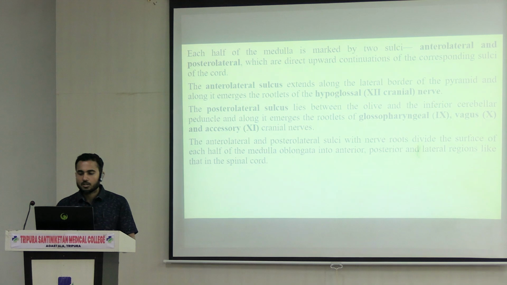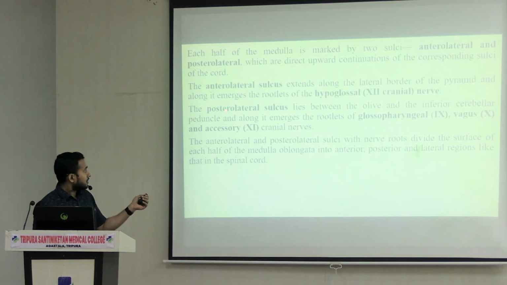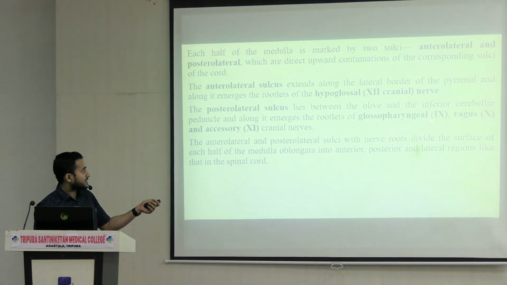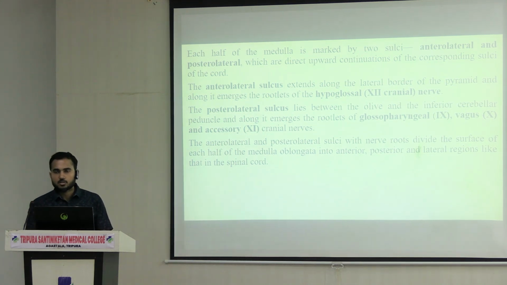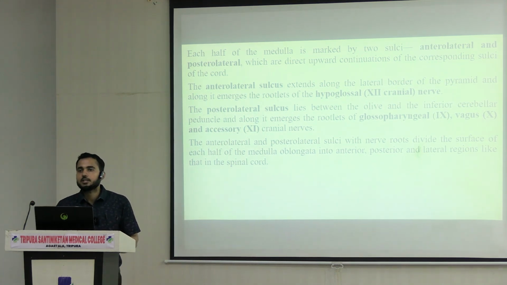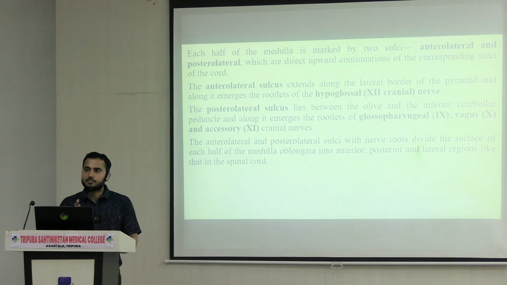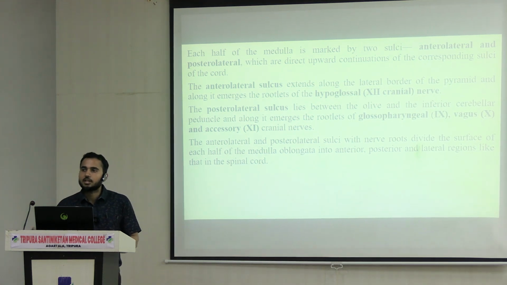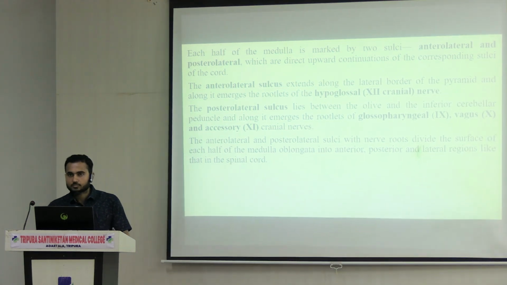Now through the posterior lateral sulcus, the 9th, 10th and 11th cranial nerve roots emerge: glossopharyngeal, vagus and cranial root of accessory. These are the 3 nerves which emerge from the posterior lateral sulcus.